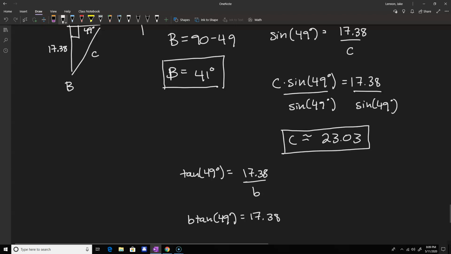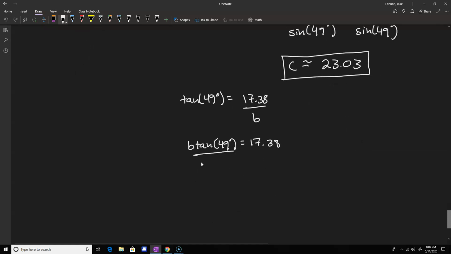So then b is going to be, we divide both sides by the tangent of 49. So we get b is 17.38 divided by the tangent of 49 degrees, which comes out to about 15.11.